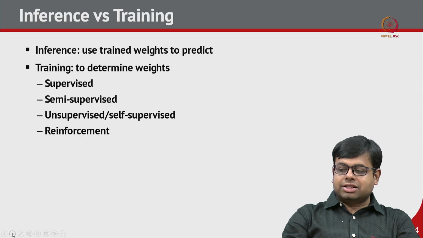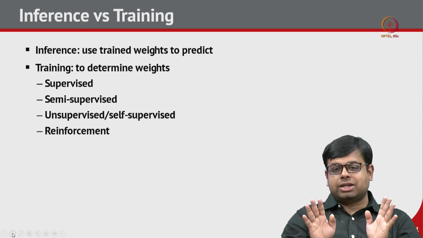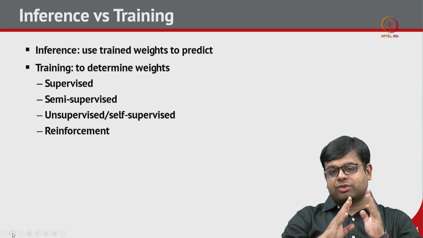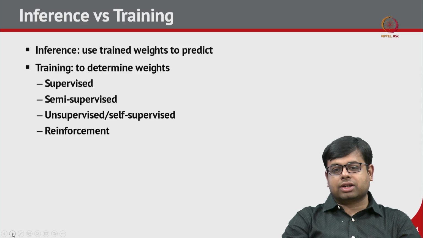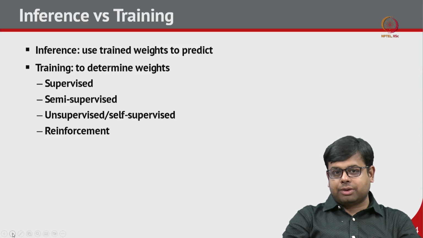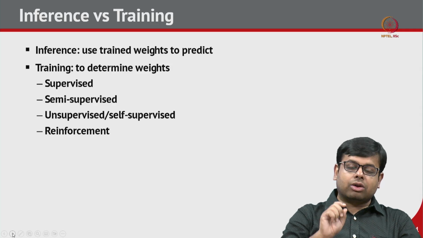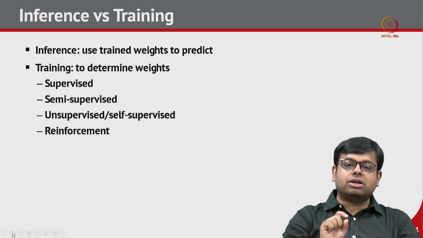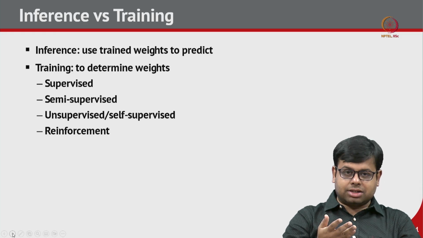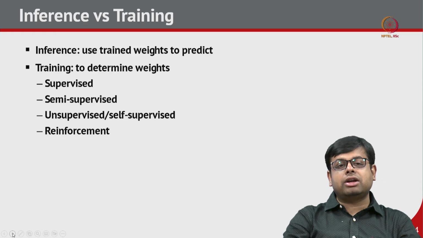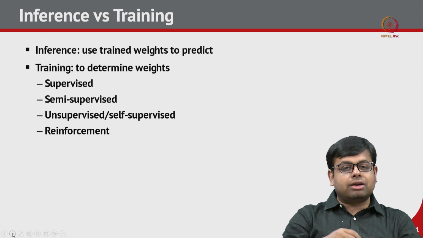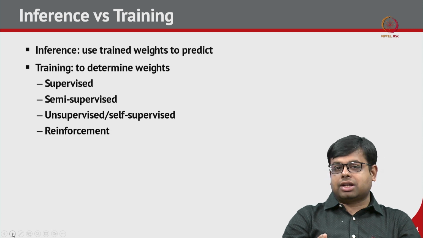The ChatGPT algorithm has some weights, say a feed forward network with all its synapses, and all those weights have already been trained. We are using those trained weights to predict. That phase is called inference.